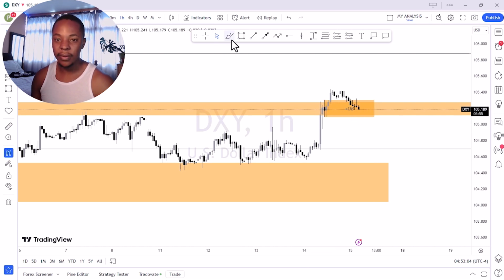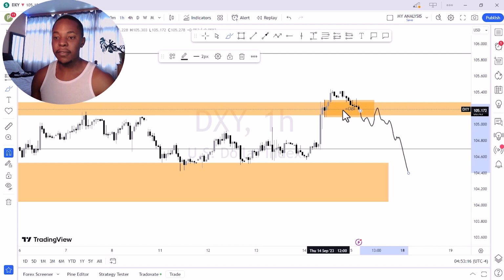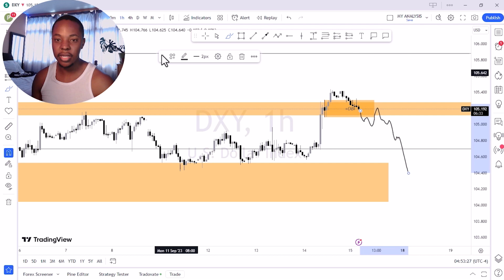If it closes below, we might expect it to come reprice the order block, then start giving us lower prices. But that's only if it breaks below this order block, and we still have that breakaway gap. So it might come into that breakaway gap and then shoot up, targeting that buy side liquidity.